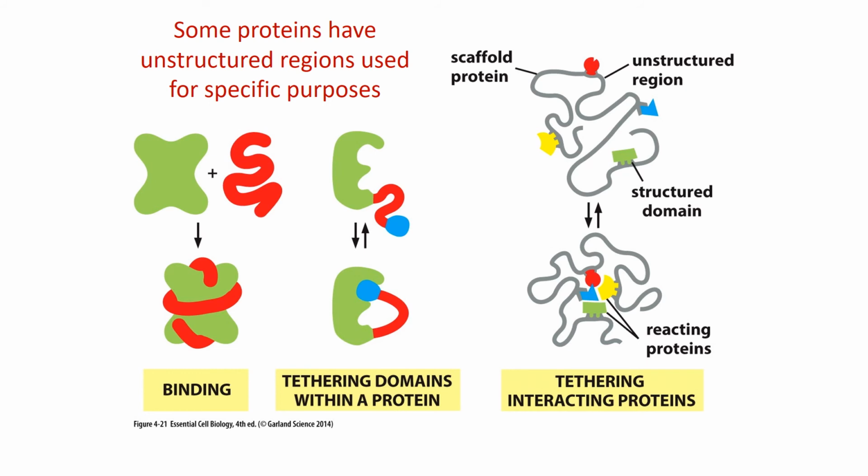If we go to the right illustration, what we can see is that tethering domains are also extremely important in connecting proteins together. So the tethering domains allow the protein to interact with other proteins and can serve as a scaffolding protein, such as you may remember discussing when we talked about DNA organization in nuclei. And we'll be addressing that issue again in the coming weeks.